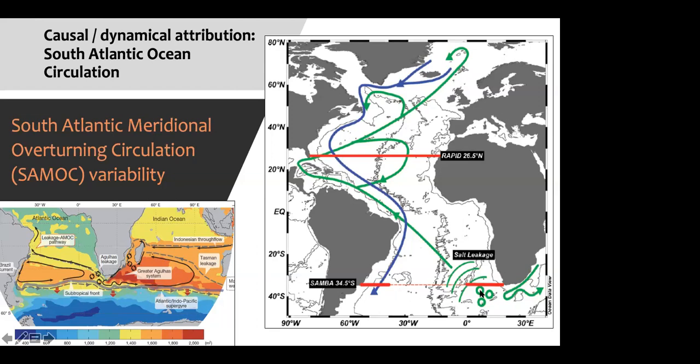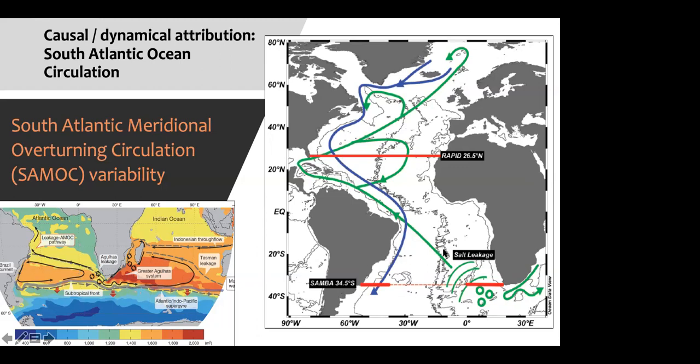There are efforts to measure this transport here at 34 South via the SAMBA mooring array. And the left panel, I forgot to add the label, is by Lisa Beal et al. in the paper, showing the wider context of the large scale circulation between the Atlantic and the Indian Ocean.